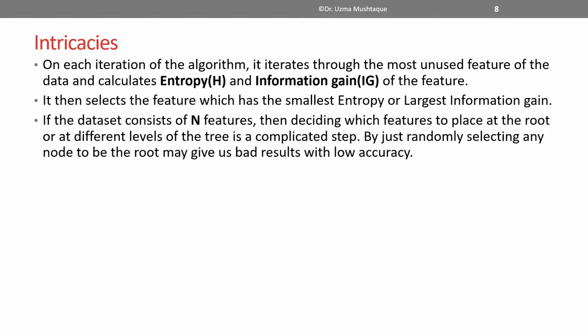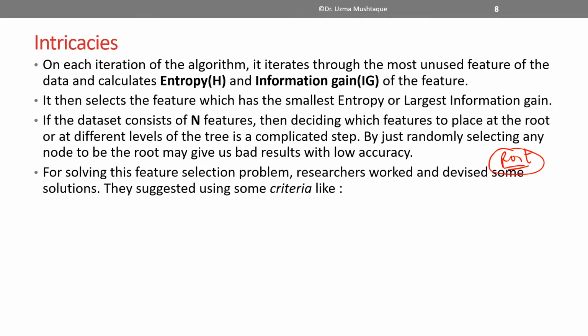Think about a data set that has lots of features, and then deciding where to begin from, what is going to be my root, is a difficult question. Well, the good news is that it has been answered, because there has been a lot of research in this area, and there are ways of selecting the features, and many criteria involved in selecting them.